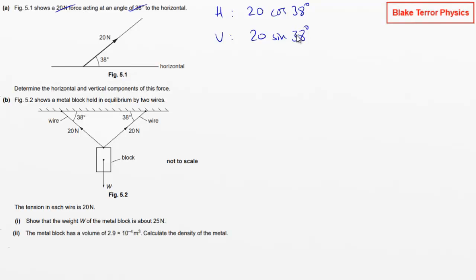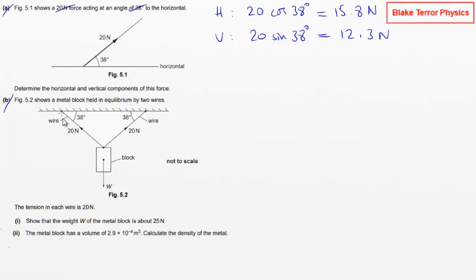Okay, let's put those in. 20 times sin 38 is 12.3 newtons, and 20 times cos 38 is 15.8 newtons. So nothing very exciting there.